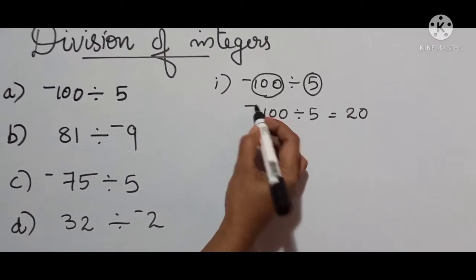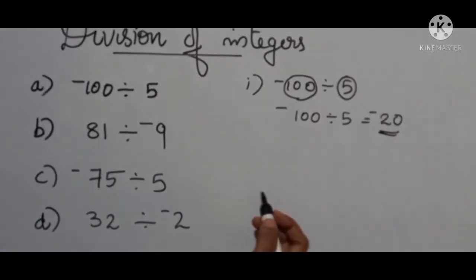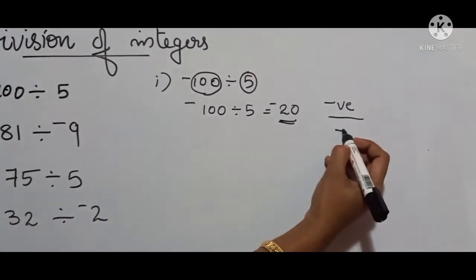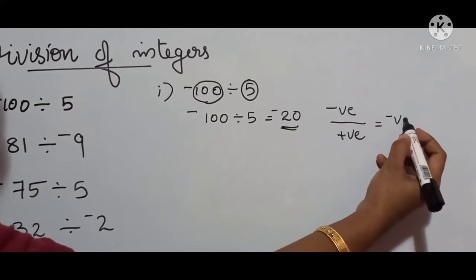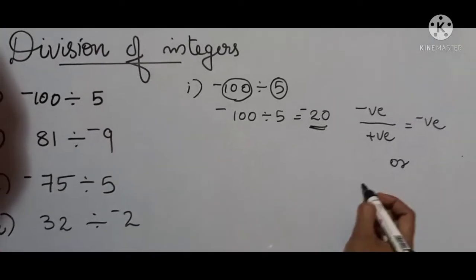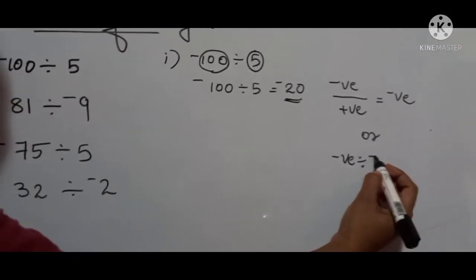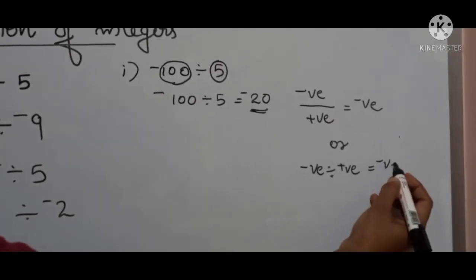And here 100 is negative, so give that negative sign. That means when we divide a negative integer by a positive integer, we get a negative integer as the answer.